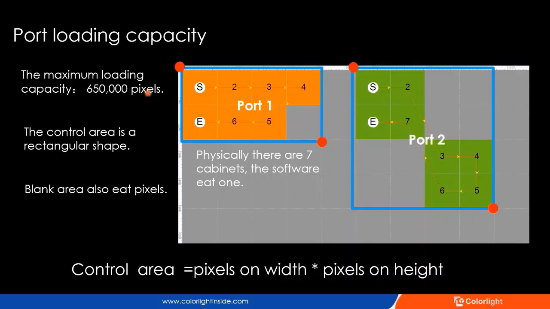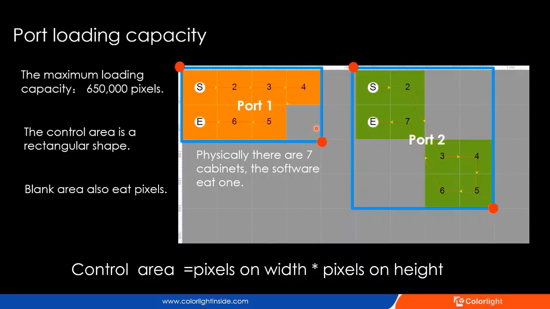What is the basis for calculating the total pixels? In the control system, there is a term called control area, like the blue rectangle. It is a rectangular area from the start point in the upper left to the pixel in the lower right. For example, there is no cabinet on the lower right here, but the blank areas will also eat pixels.